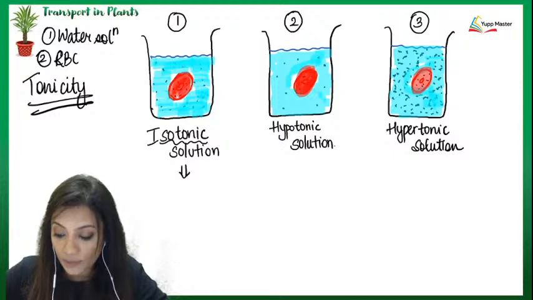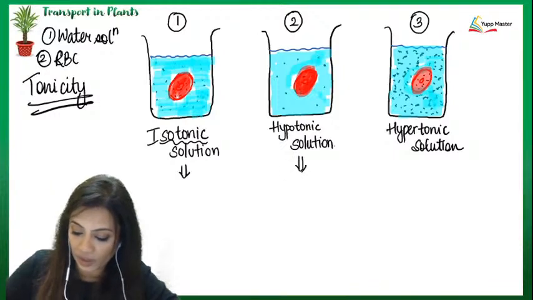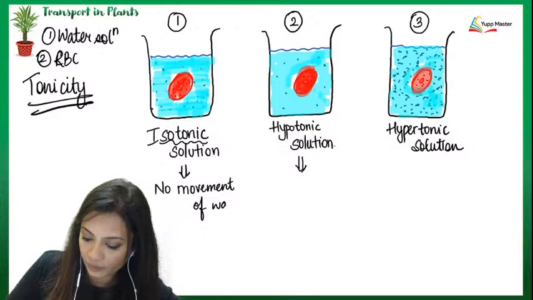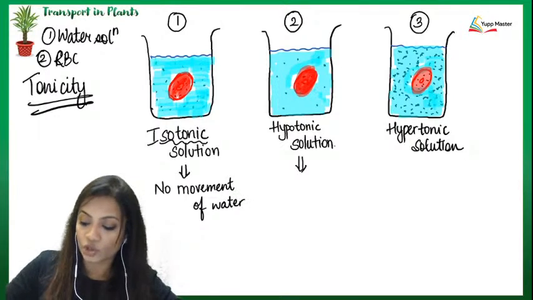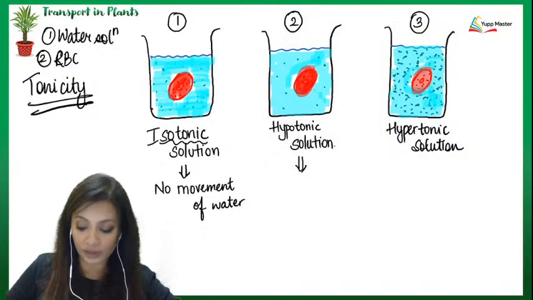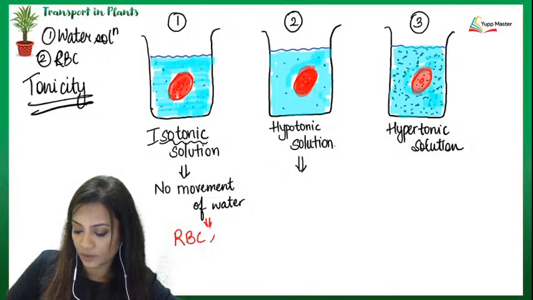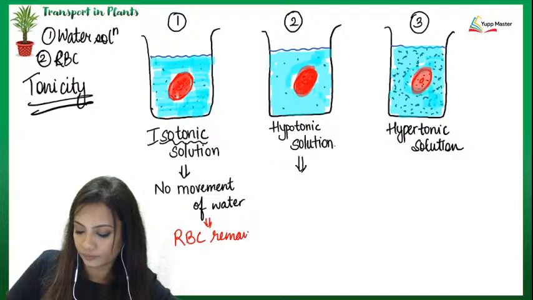In the first one there is no movement of water. So what happens to the RBC over here? The cell, or that RBC, remains the same.